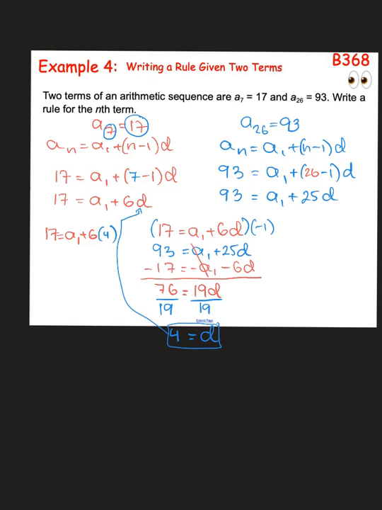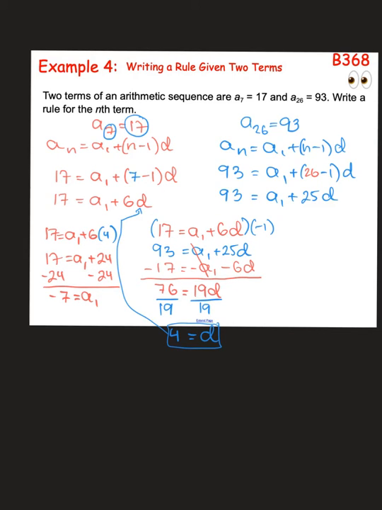So that will give me 17 equals a sub 1 plus 24. Subtract 24 from both sides, and we are going to end up with a sub 1, or the first term, equal to -7.